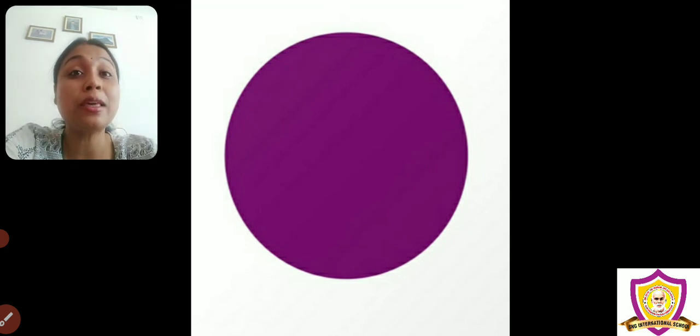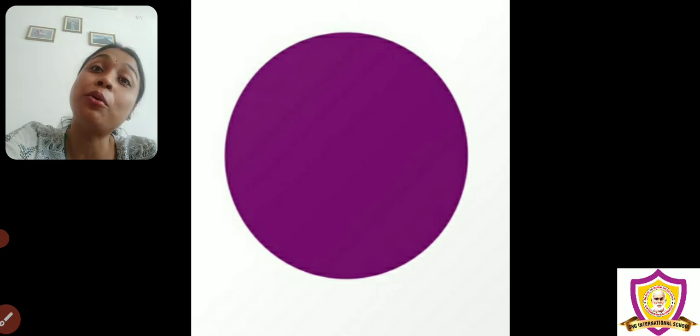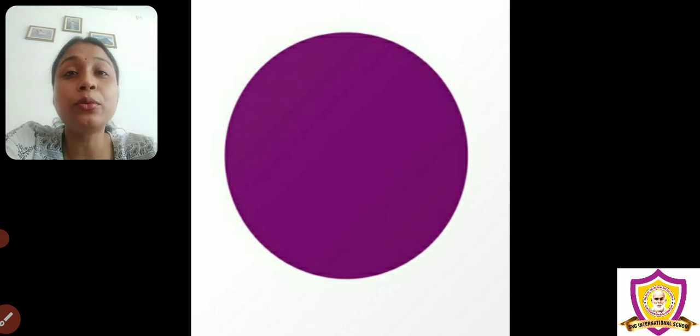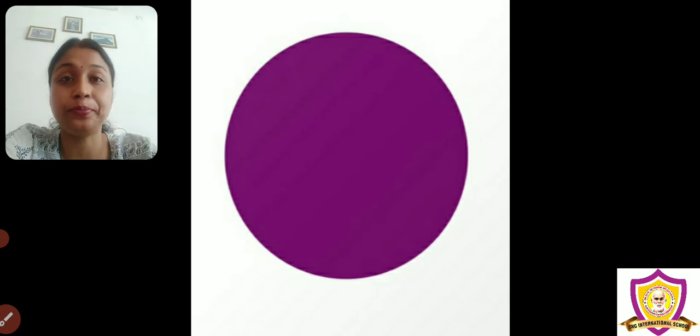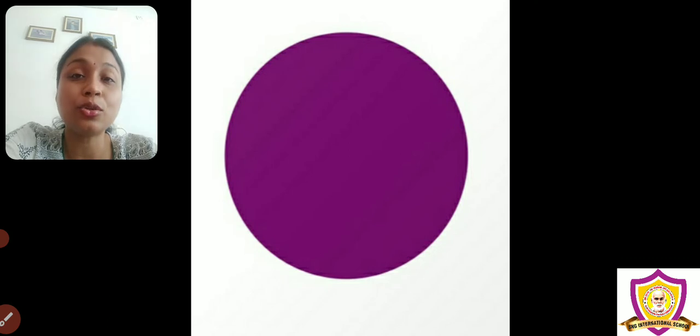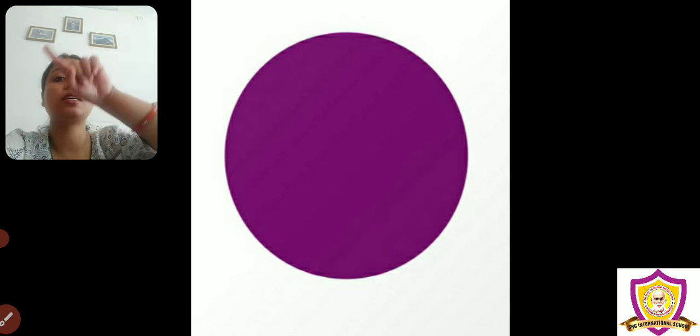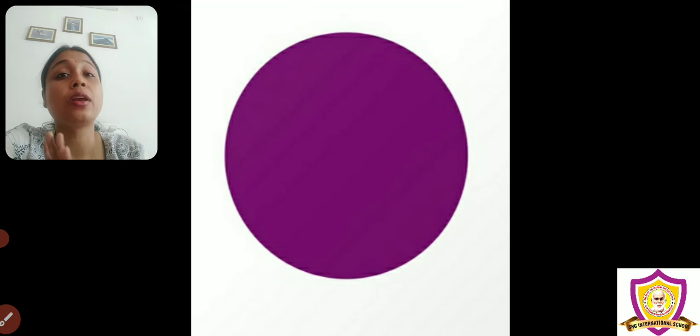Remember? Mummy ki bindi gol hai, dadaji ka chashma gol hai, chanda mama gol hai. Yes, moon, that bindi, and roti, chapati we have in our lunch, dinner, that is also circle shape. Circle means gol, which has no side.